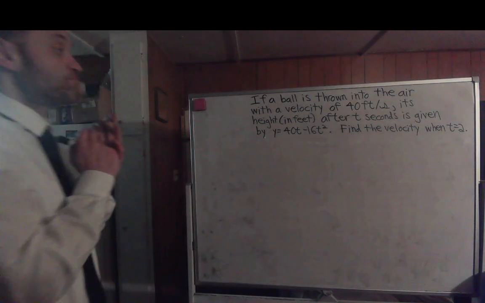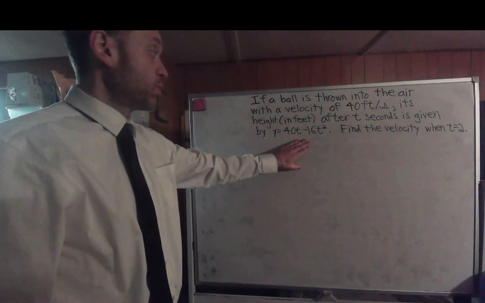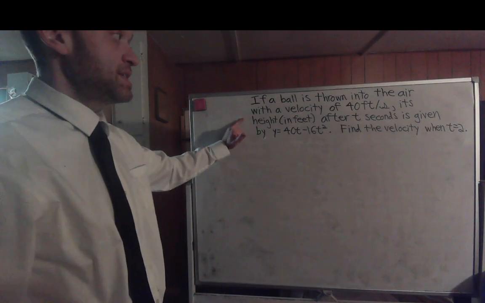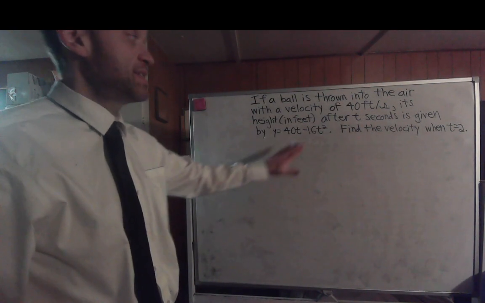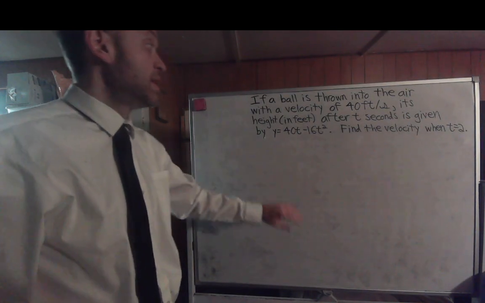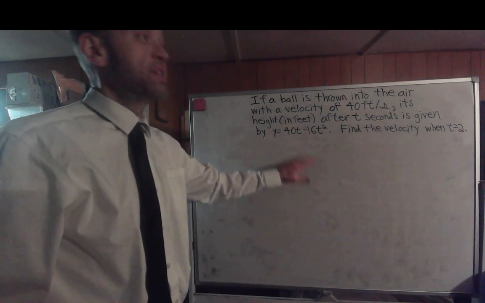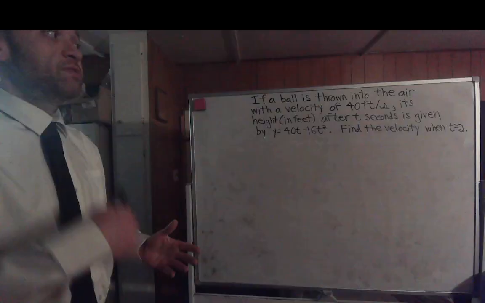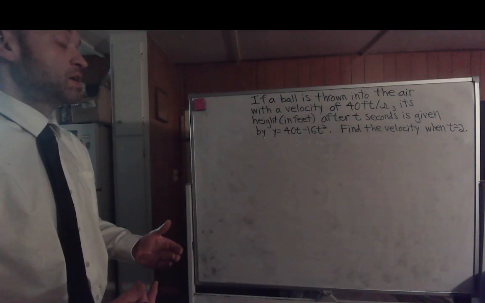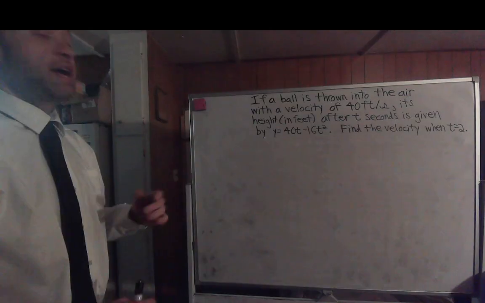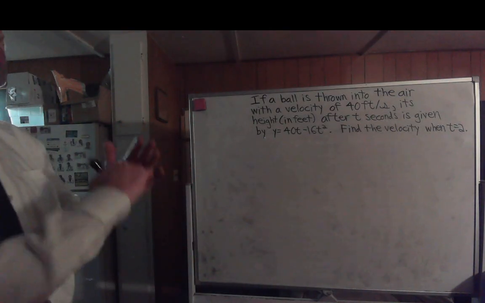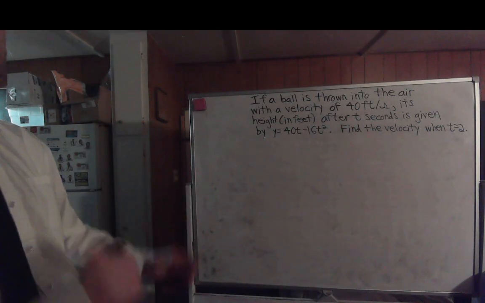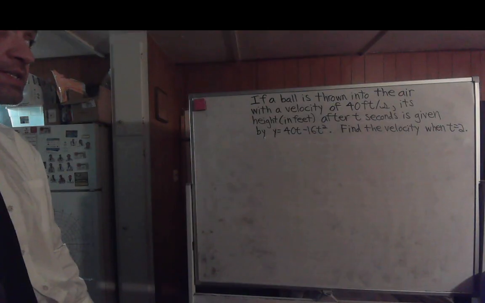So this y equals 40t minus 16t squared, they tell you it's the height in feet after t seconds. T is the amount of time. This function here is the position function. In order to have a velocity, you need to have some movement. You're going to change the position with respect to time. That's all velocity really is.